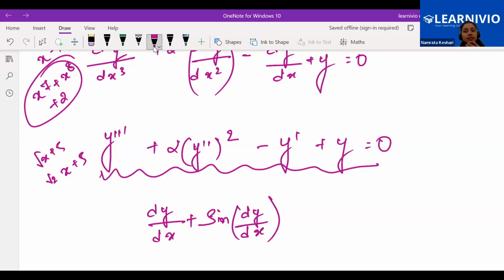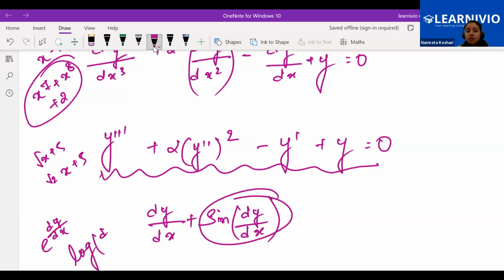That time we will say that degree we cannot say. If such terms are there, where inside the function dy by dx is there, then we can say that we cannot define the degree. Getting the difference? Yes, ma'am. Okay, so let's do a few questions.